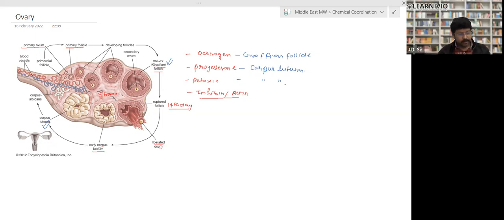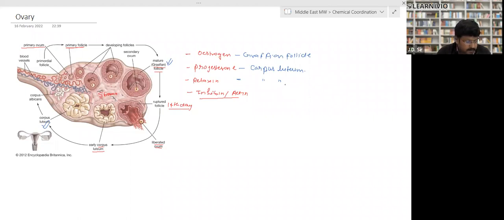Full stop. It increases the pelvic size during pregnancy. Full stop.